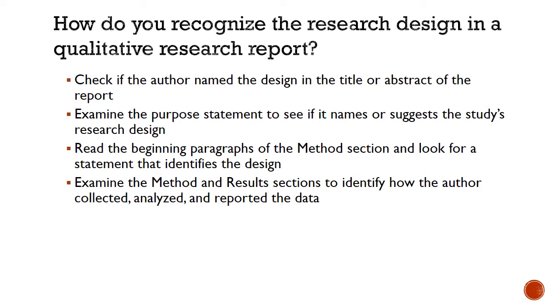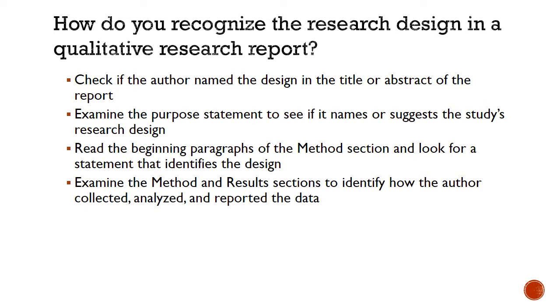So how do you recognize the research design in a qualitative research report? Now, it may surprise you that researchers don't always explicitly state a design when they write up their reports. So sometimes you're going to be in a position where you need to identify the design yourself.